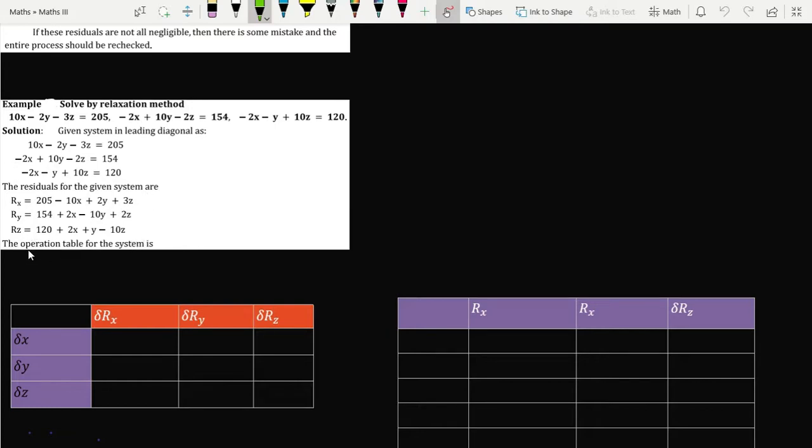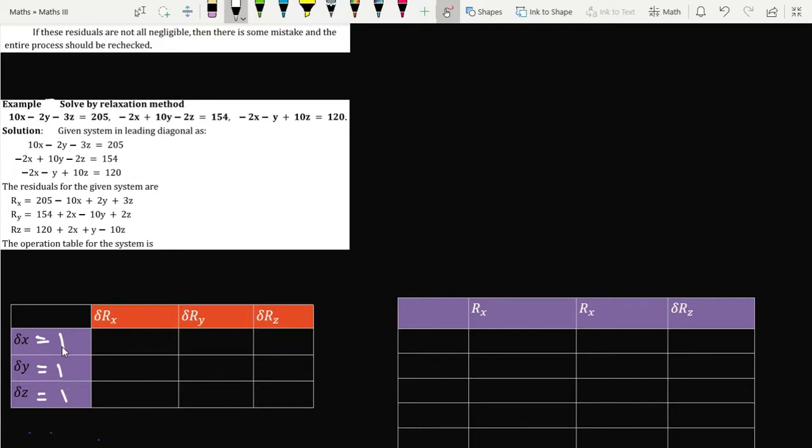Now the operation table of the system: this is called the operation table and this is called the relaxation table. So here we have to consider two tables, the operation table and the relaxation table. Initially we take delta x equal to 1, delta y equal to 1 and delta z equal to 1, and then find the value of delta Rx.